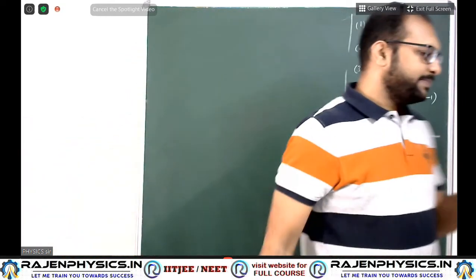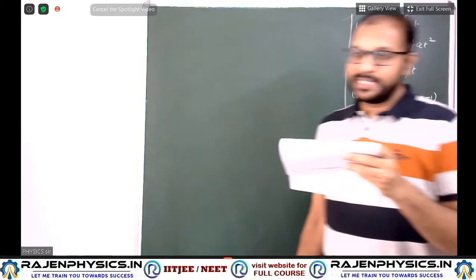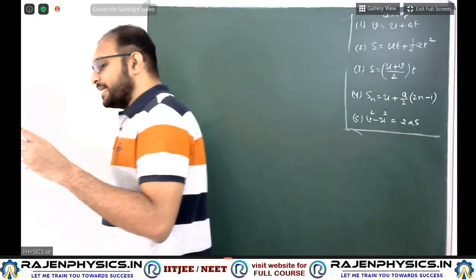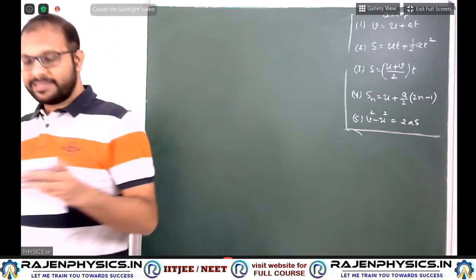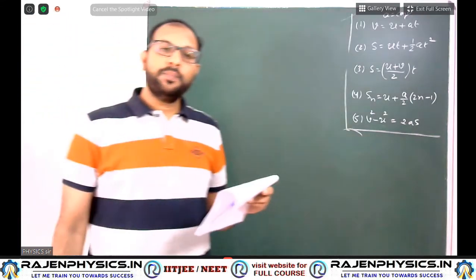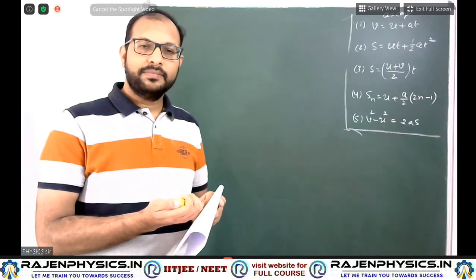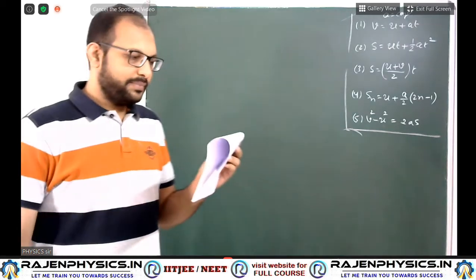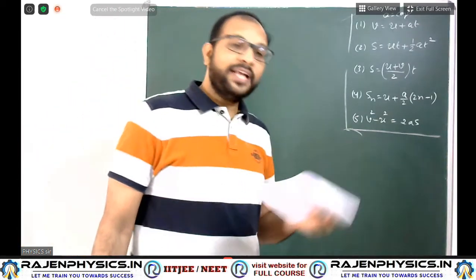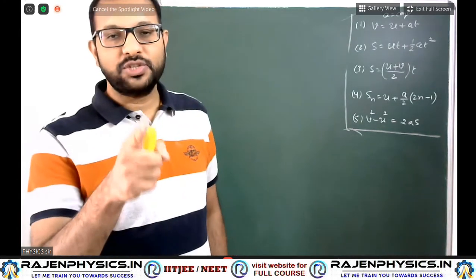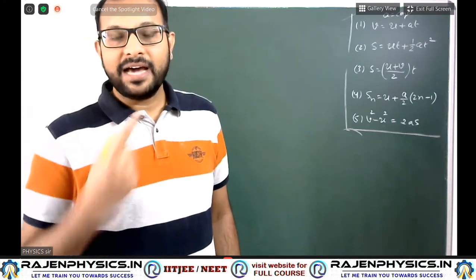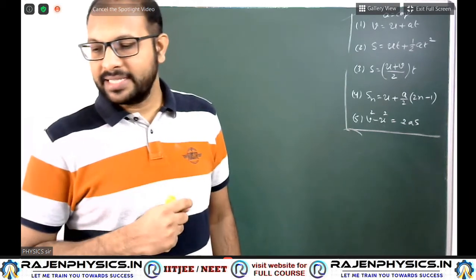A bullet traveling with a velocity of 16 meters per second penetrates a tree trunk and comes to rest in 0.4 meters, under the influence of uniform retardation. Students, rest means definitely negative acceleration only. That is known as retardation, a negative acceleration.